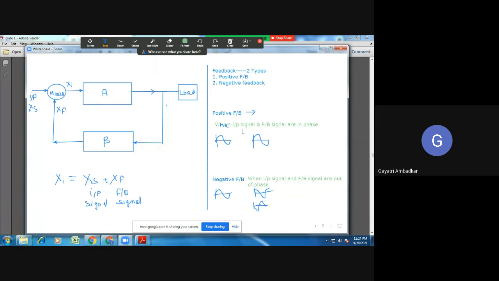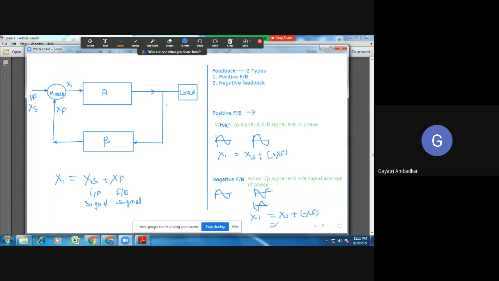Now, when both are in phase, my Xi will become Xs, our signal, plus Xf, because they are in phase. And when it is negative feedback, my input signal is going to become Xs, the input signal, plus, now because of feedback there is a phase shift, so we represent this signal by minus.